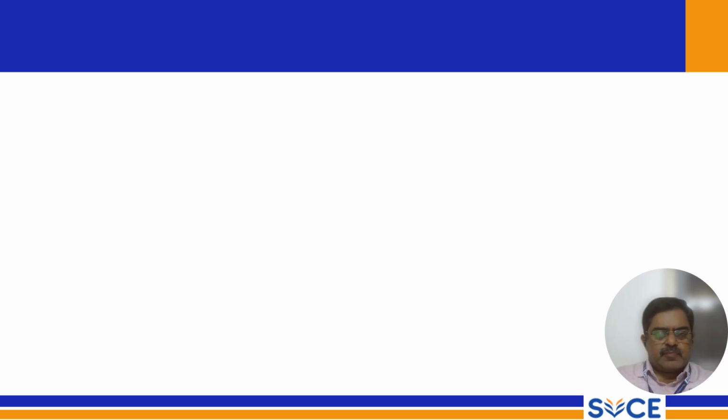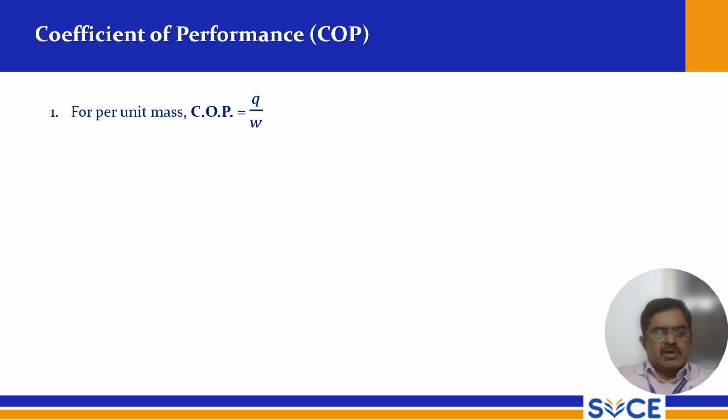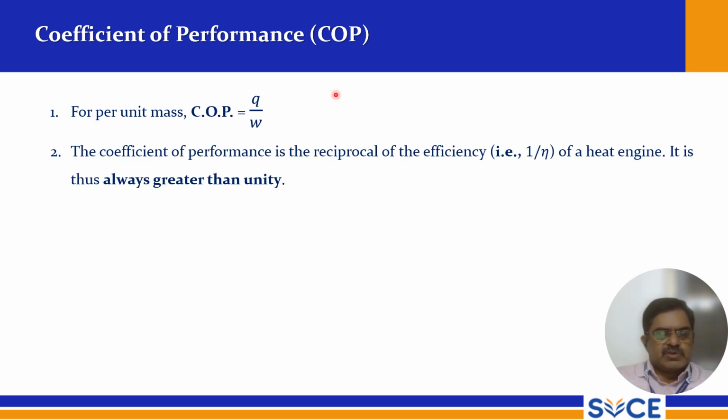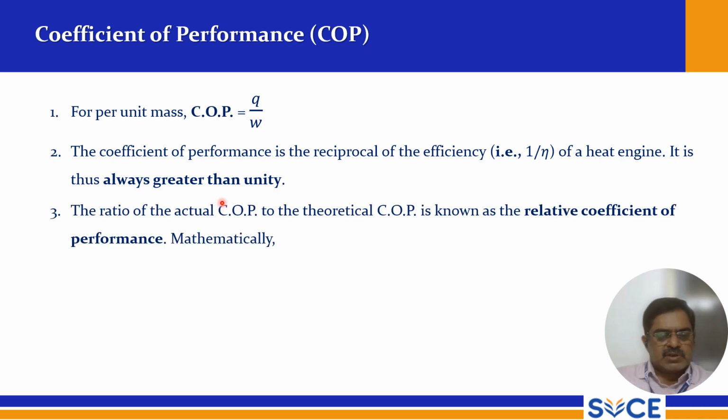So coefficient of performance per unit mass, COP equal to Q by W, and the coefficient of performance is the reciprocal of the efficiency of a heat engine. It is always greater than unity. It is greater than 1 always.